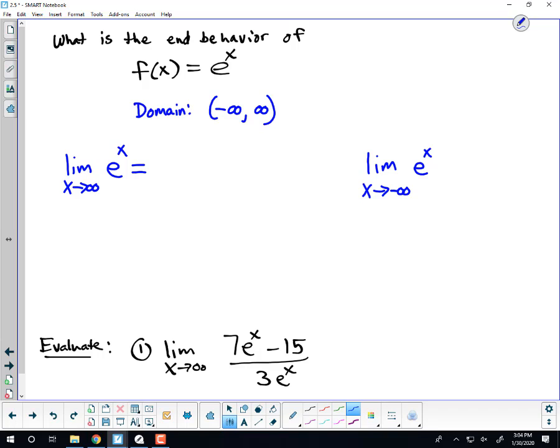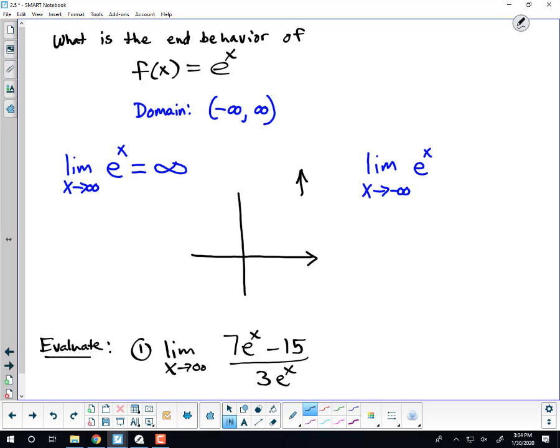If you don't remember the graph, then as x goes to infinity, remember e is like 2.71828. What is that number raised to a larger and larger number? What happens there? It gets bigger and bigger, right? Okay, so I forgot the graph, but I definitely know this now. Out here, this function is way up here at positive infinity.